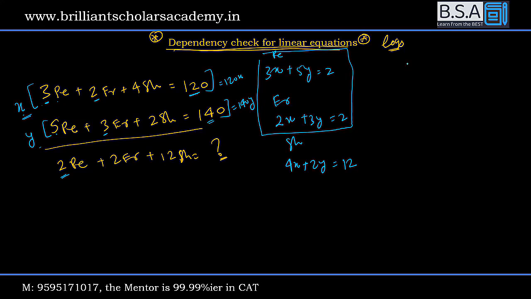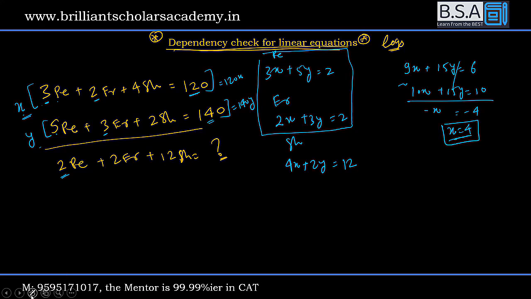This becomes 9x plus 15y is equal to 6, and 10x plus 15y is equal to 2. Subtract them: minus x, y is gone, is equal to minus 4, so x is equal to 4. The value of x is 4.